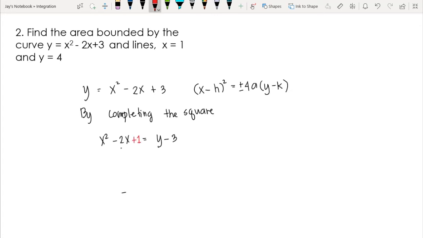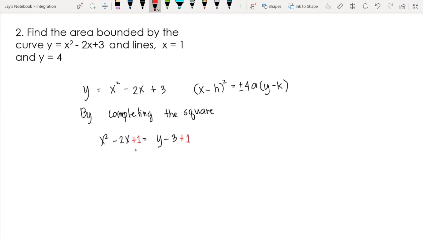Since upon introducing a constant 1 in our equation, the value of our equation has changed, we introduce the same number but opposite in sign. So we should have a negative 1, and then transposing it to the right side, we have here plus 1.